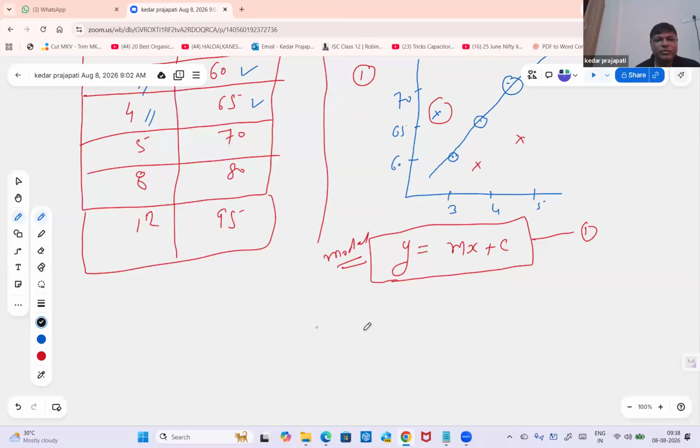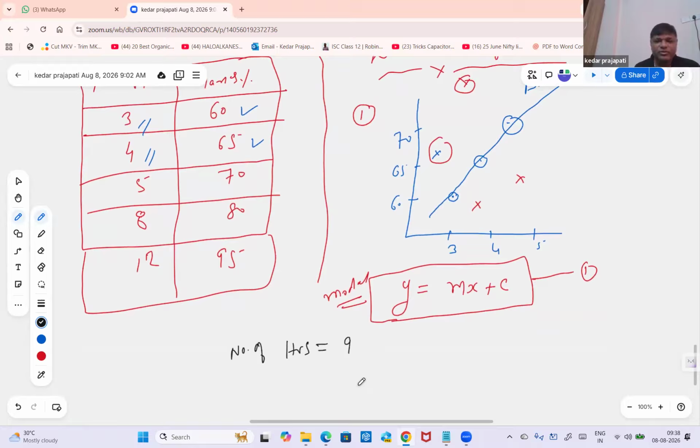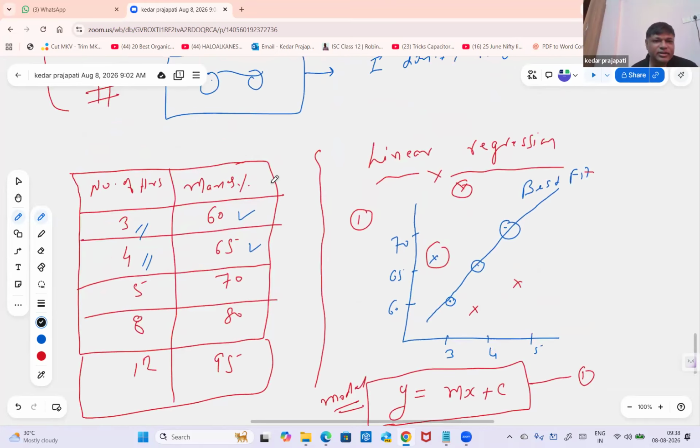What will happen if I give a student's number of hours, suppose 9? Now the machine has to see. How do you know that the machine learned? Because we trained it with this labeled data, number of hours and marks.